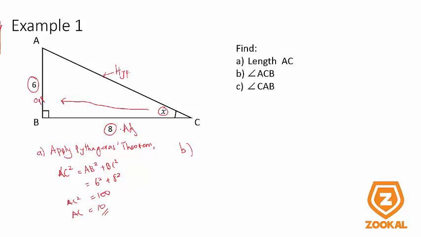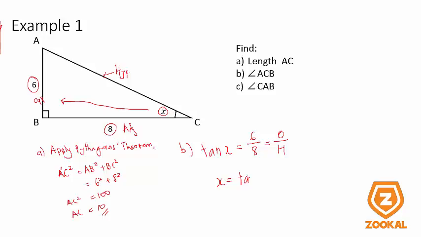When you think of opposite side and adjacent, you must immediately know which ratio you want to use. In this case, the ratio will be tangent X, because I'm finding X itself, which is angle ACB. So it's 6 over 8, which is opposite over adjacent.